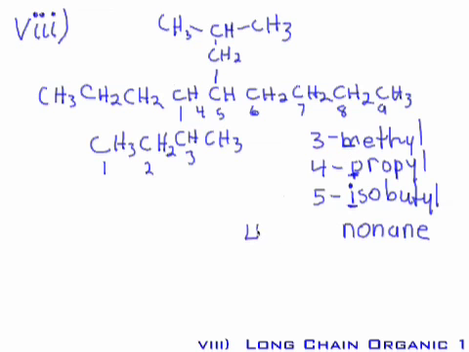So we have a 4-propyl nonane. In front of that we have the 3-methyl. And in front of that we have the 5-isobutyl.